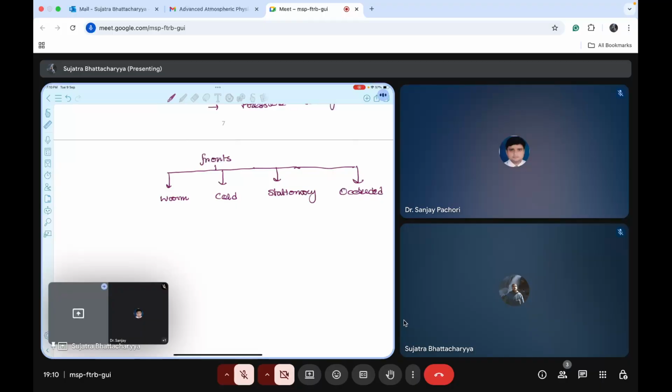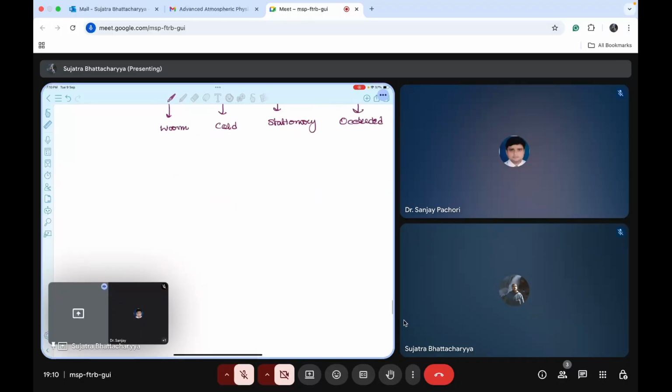Okay, so what is a warm front? First is the warm front. It is something like this. We represent the sign like a semicircle. This is the front.